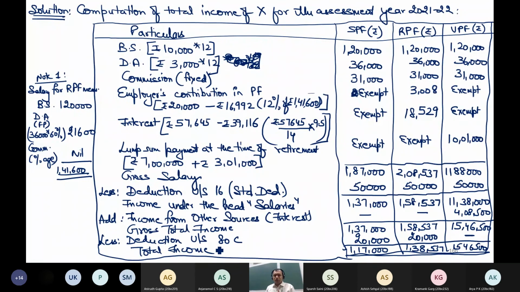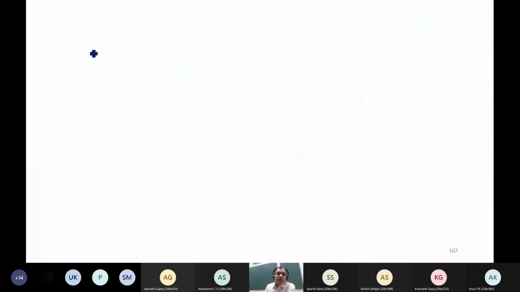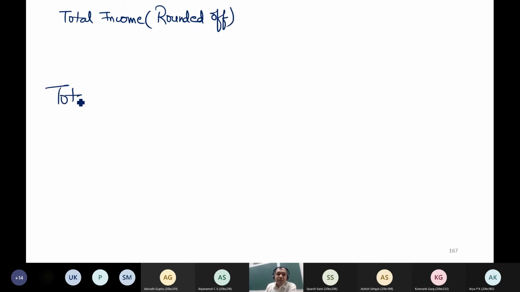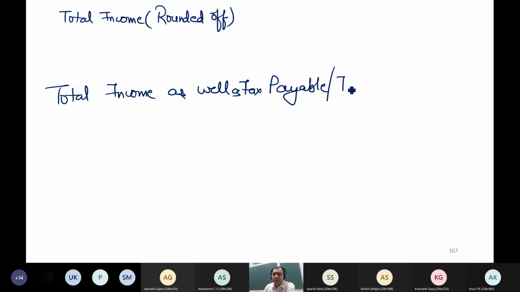After doing this, you make sure that the total income cannot be left like this. For the time being, give me 1 minute, I'm moving to the next page. Total income always has to be rounded off to the nearest multiple of 10 rupees. Do remember that total income as well as tax payable or tax refundable, whatever is the case.